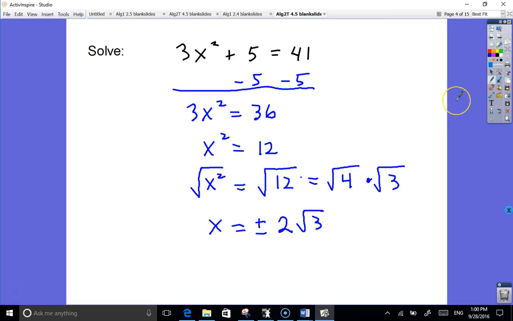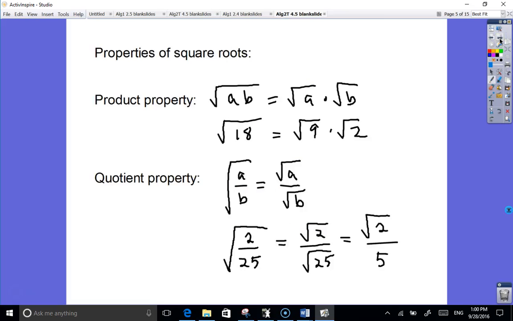But what that does bring up is that we need to review a little bit about radicals. I mean, you did all this stuff in Algebra 1, but we actually do quite a bit of it in this class too. So I don't know whether they really think that you've mastered it yet or not. But there's a couple properties that we use. We just used the first one, the product property.